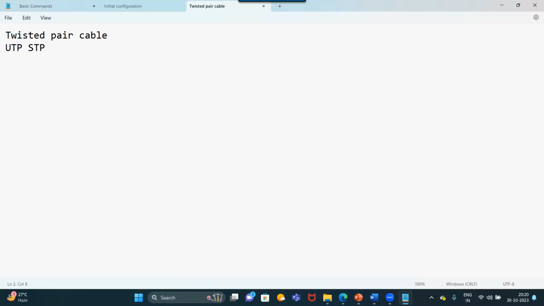Generally, in home and office PCs, we go with UTP cables only. It is low cost. And STP cables are high in cost. They are also used for the same purpose, but they are high in cost. What is the difference between UTP and STP? STP means shielded twisted pair. If you open the outer jacket of an STP cable, inside we can find one plastic cover.